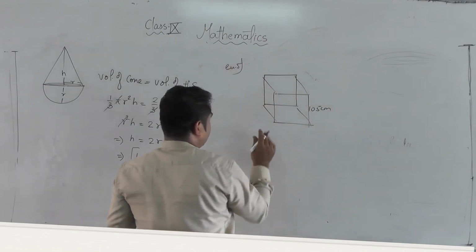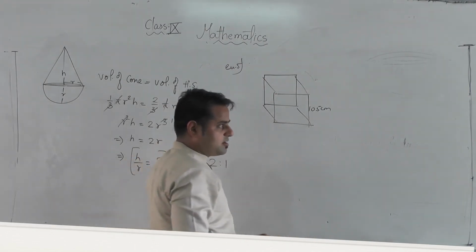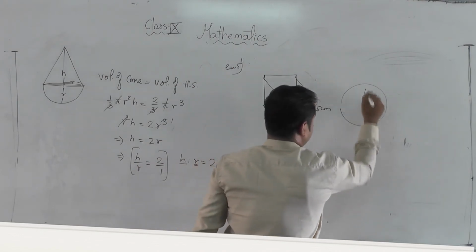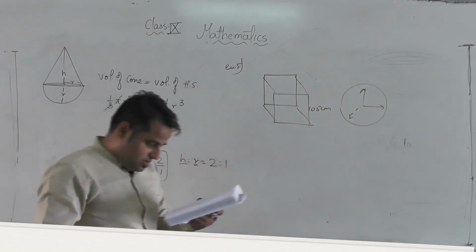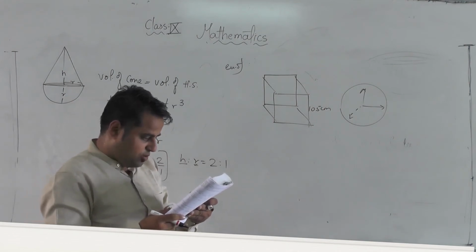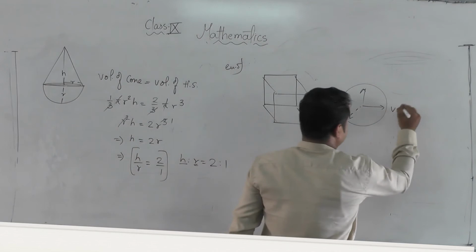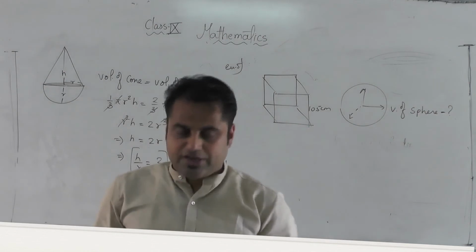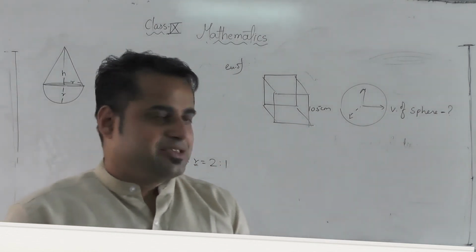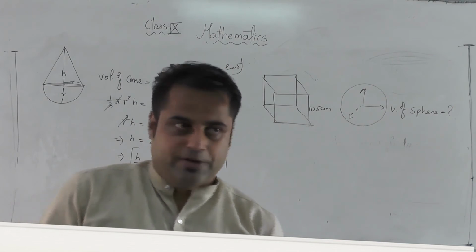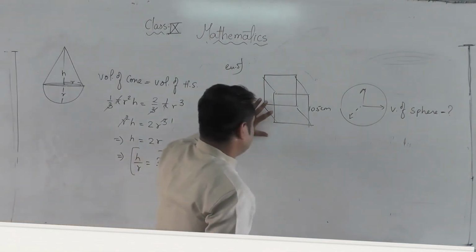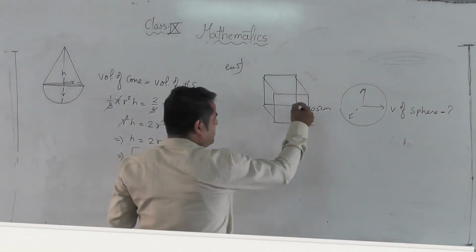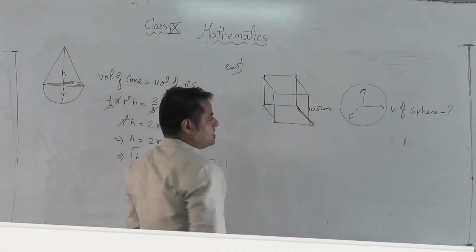This is example number 5. We are carving out a sphere, the largest sphere which we can carve out from it. We need to find its volume. Before we find out the volume, first we need to find the radius, the maximum radius of the sphere. Now see, the side of the cube is 10.5.